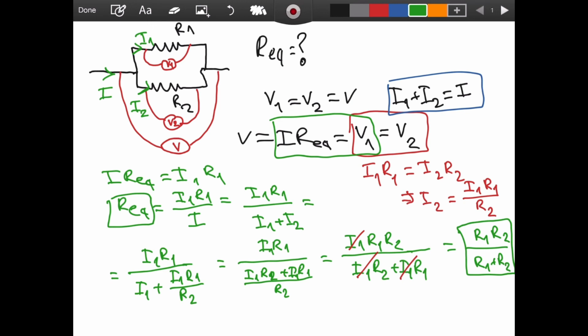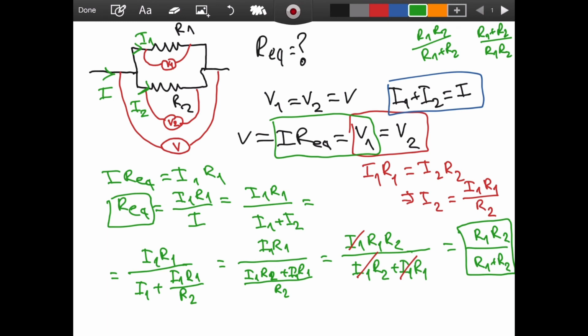I know that some people might confuse this formula, because, is it R1 times R2 divided by R1 plus R2, or is it the other way around? Is it R1 plus R2 divided by R1 times R2? Well, there is a very, very simple way to remember which one it is.